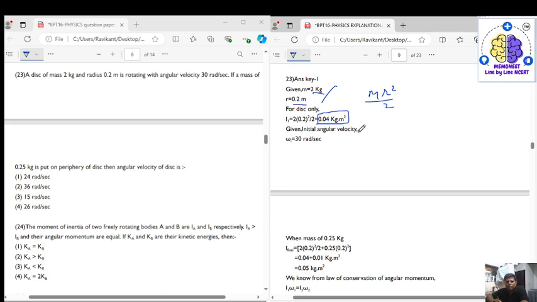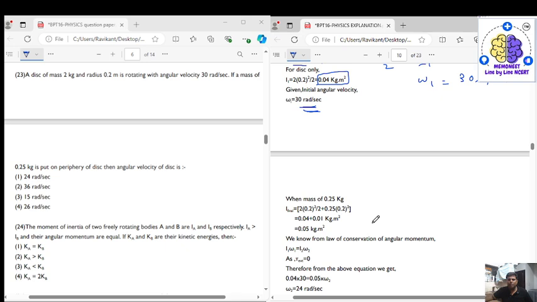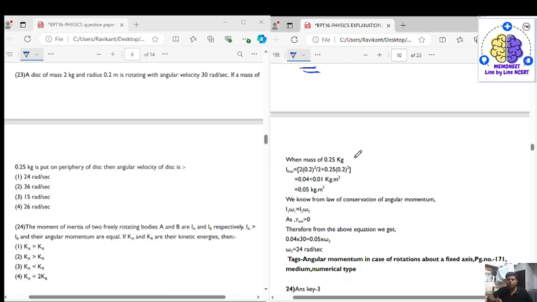The angular velocity is 30 radian per second, which is given in the question. That is, I1 is equal to 0.04 kg meter square and omega 1 is equal to 30 radian per second. Now, we are placing a mass at the periphery, that is at the outermost position of the disk.